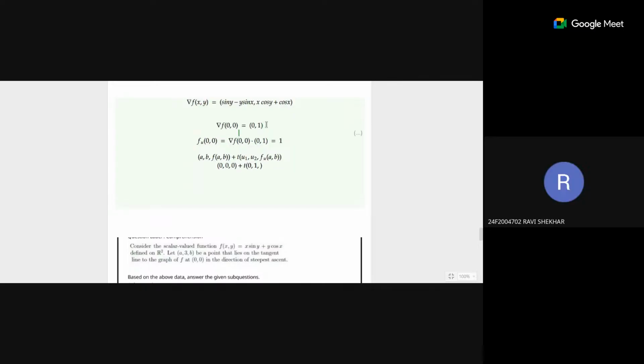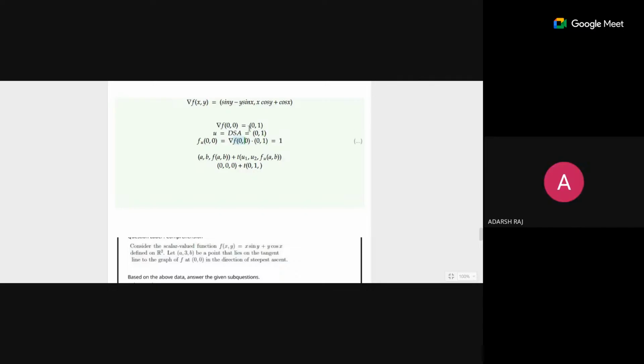You can write u itself. That becomes our direction vector, and this is the directional derivative at 0 comma 0 in the direction of this unit vector 0 comma 1.